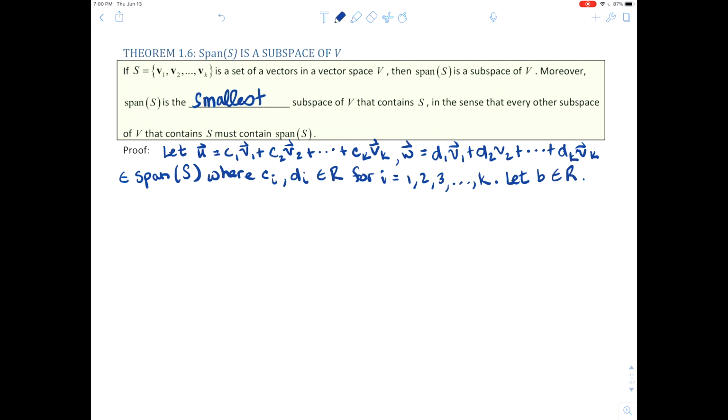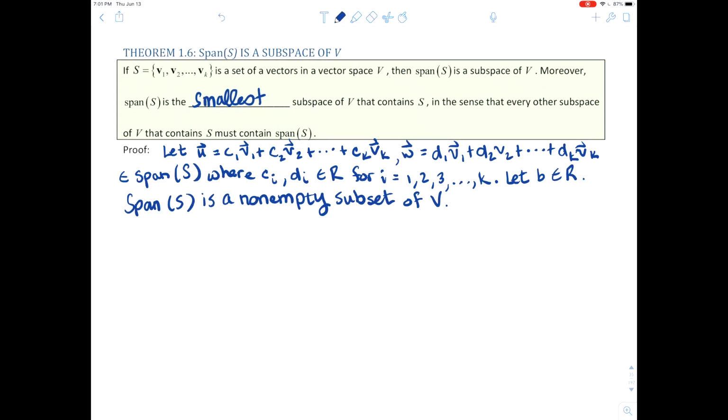So we're just going to state that the span of S is a non-empty subset of our vector space V. Basically, you wouldn't use an empty set to denote a spanning set because you can't do a linear combination on an empty set.